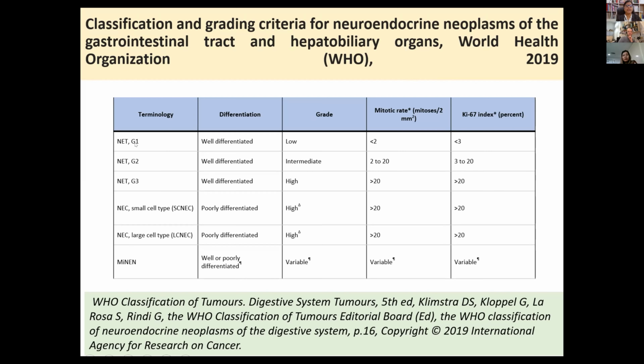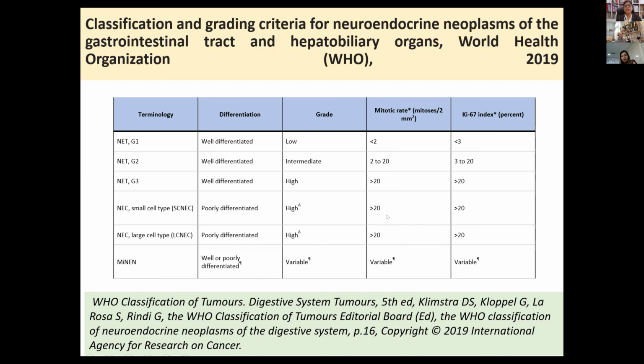In 2019, the neuroendocrine tumors are graded as grade 1 to 3, and these neuroendocrine tumors are differentiated as well-differentiated tumors. But the neuroendocrine carcinomas, either small cell carcinoma or large cell carcinoma, are differentiated as poorly differentiated carcinoma. So the neuroendocrine tumors are well differentiated, and neuroendocrine carcinomas are the poorly differentiated or high grade tumors.